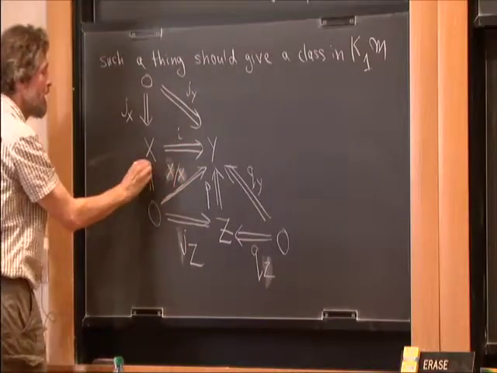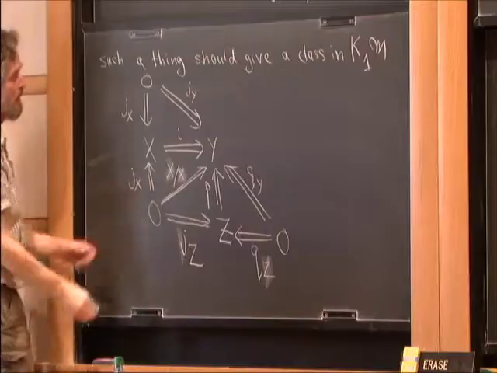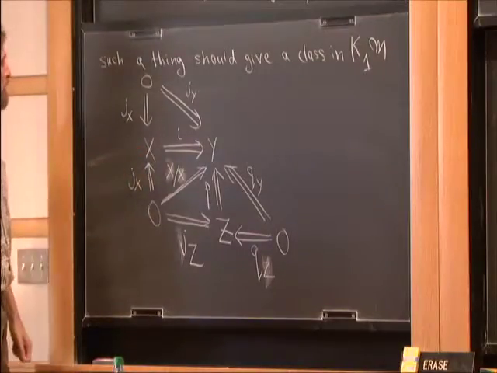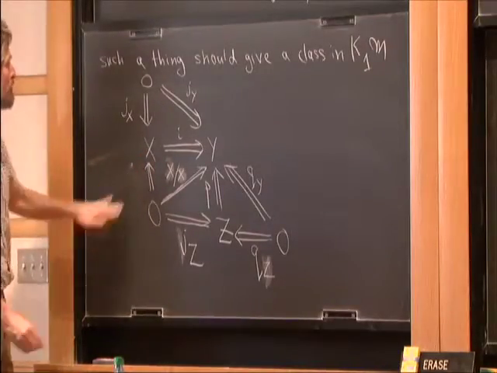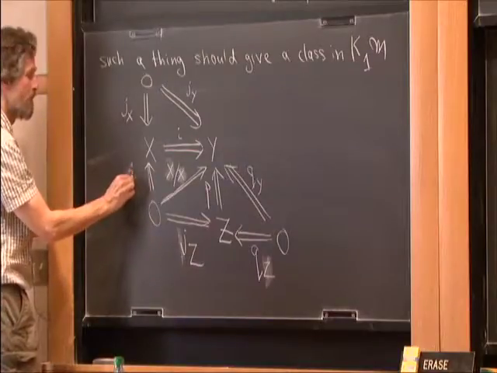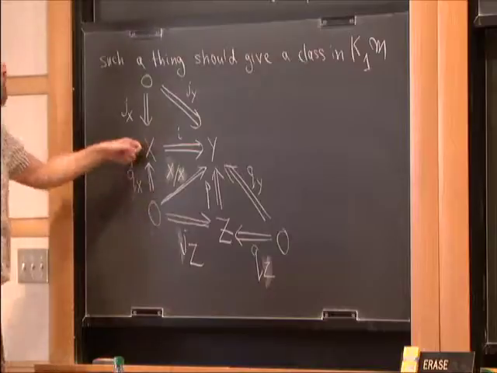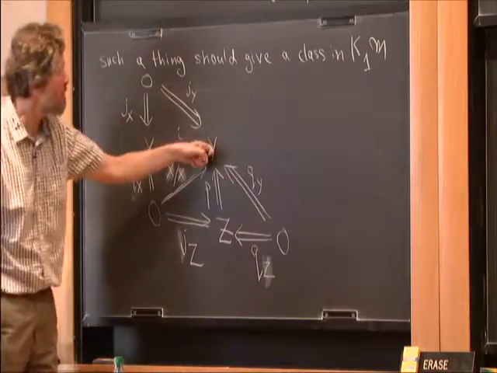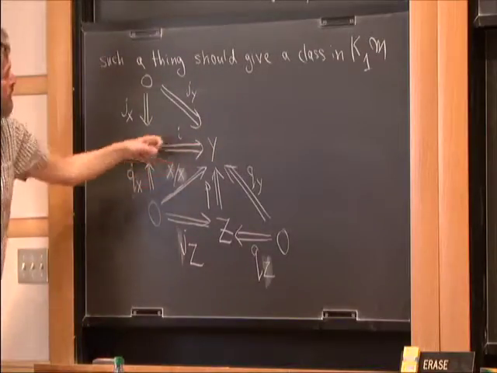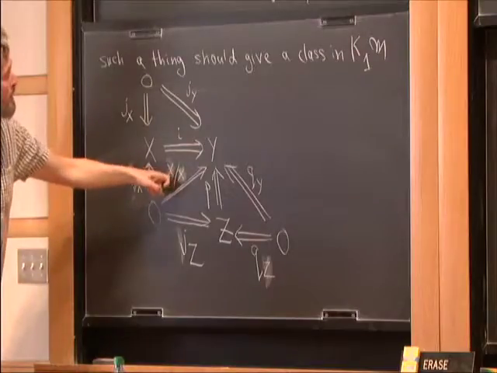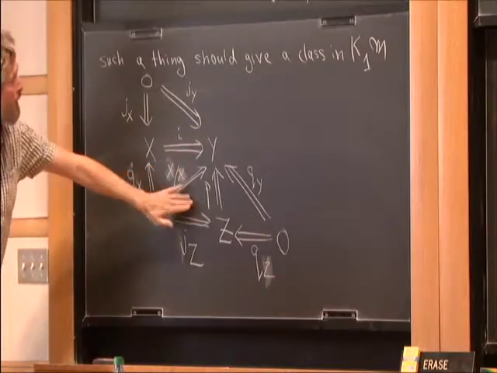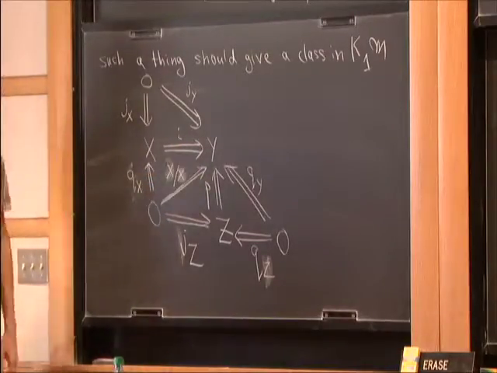Similarly here, if we take 0 as a quotient object of x and x as a sub-object of y, then again, we'll start with x and take its quotient by itself. That's x mod x. So these two triangles show that this square commutes.